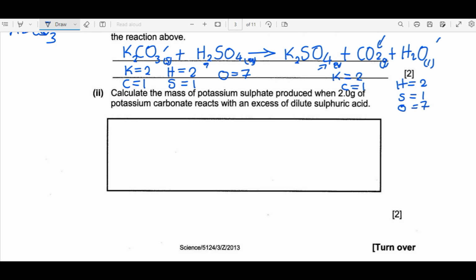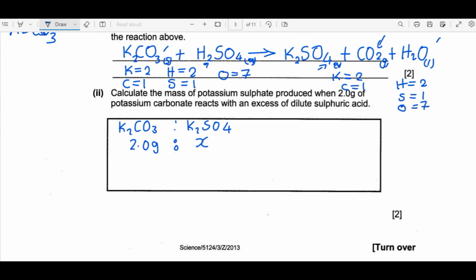So let's look at the mass that we are given. 2.0 grams is for potassium carbonate. Then we want the mass of potassium sulfate. So the mass of potassium carbonate is given, 2.0 grams. Then for potassium sulfate we don't have, so we just put X.